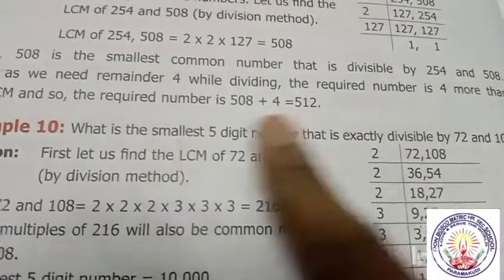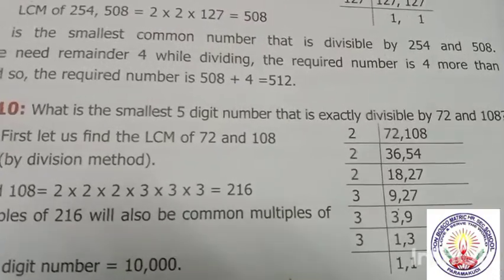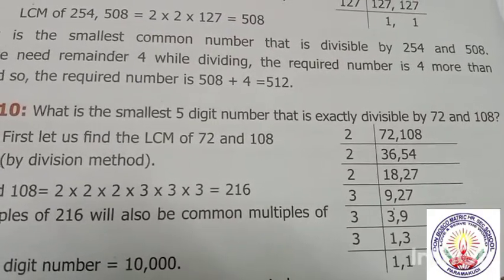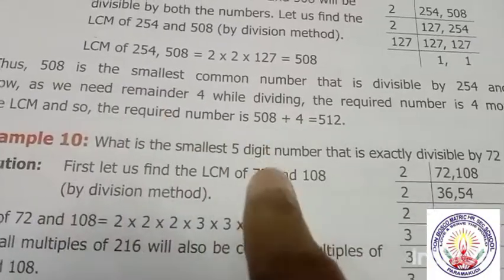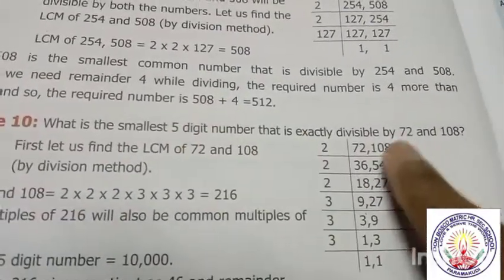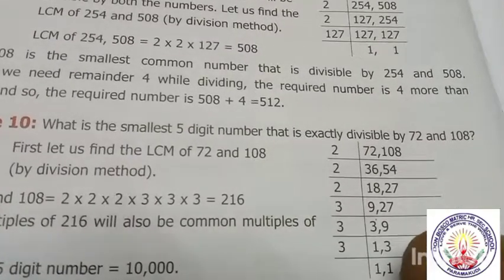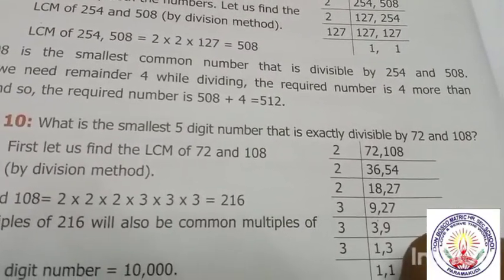When the number is divided by 72 and 108, we get the remainder 0. Okay. So what is the smallest 5-digit number that is divisible by 72 and 108, with the remainder 0?